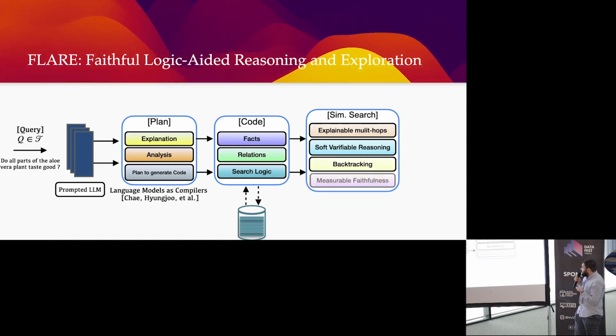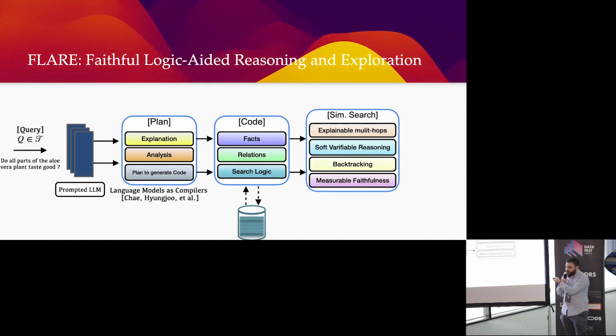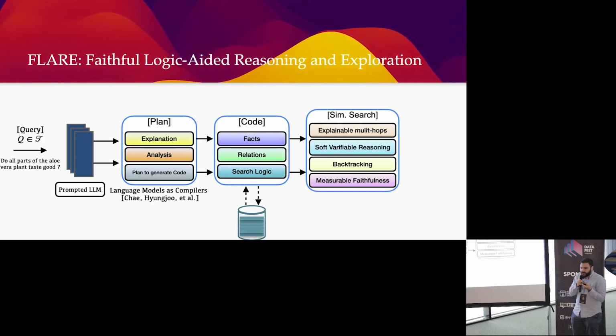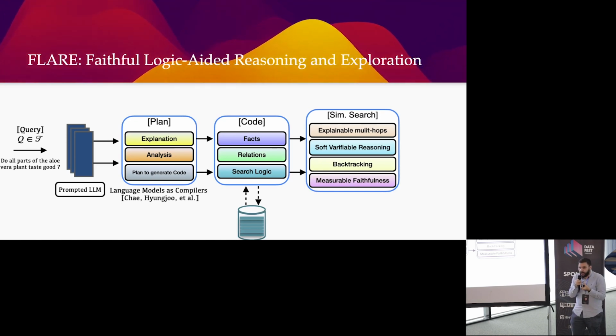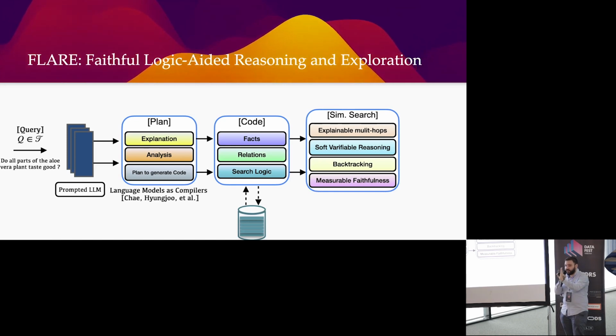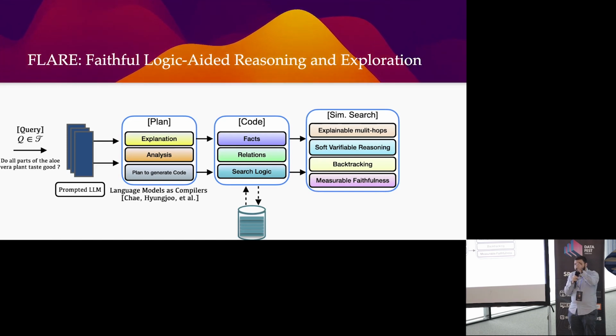I will show you more concretely what this means on a given example, but the idea basically is, while we have the facts and relations, and we have them consistently, our program is not necessarily runnable. It doesn't have to be runnable. We just have to know what facts interplay with what other facts in what way. And then we can simulate this multi-hop, step-by-step reasoning of how to obtain the final goal.